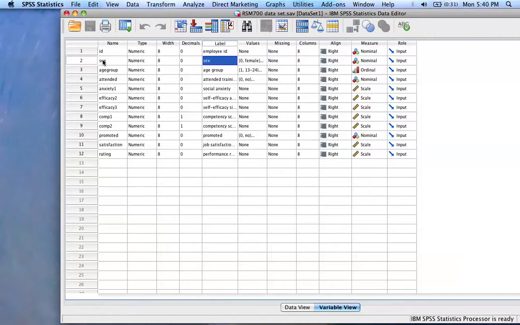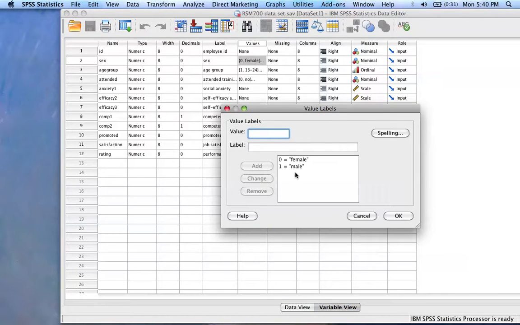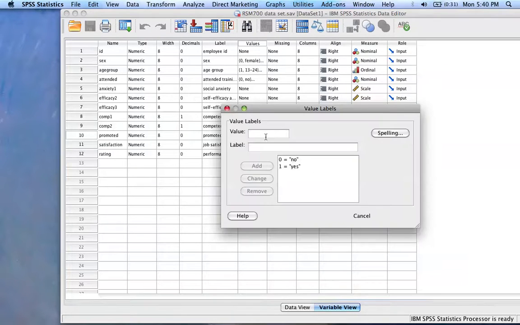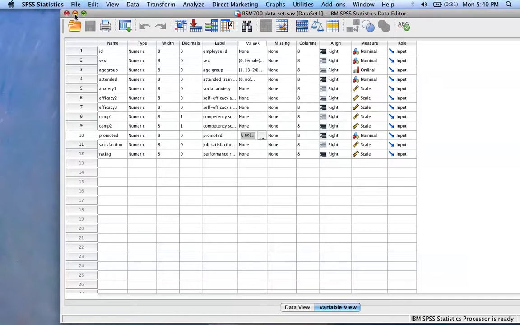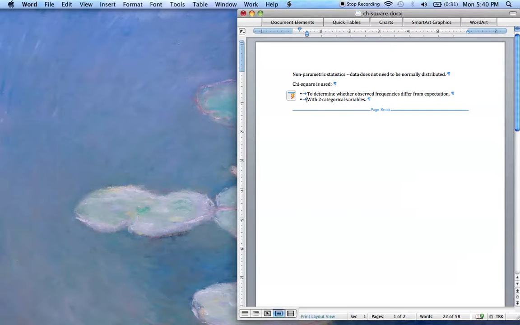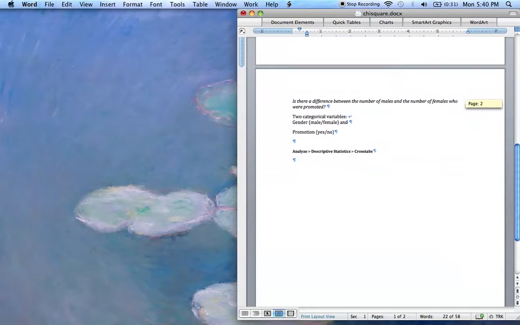So today we're going to use a categorical variable of sex, that is males and females, and promotion. So again, categorical, yes or no, people who were promoted or were not promoted. And we're going to do a chi-square test of independence. There's also a chi-square goodness of fit test, but that's not the focus of our analysis today.